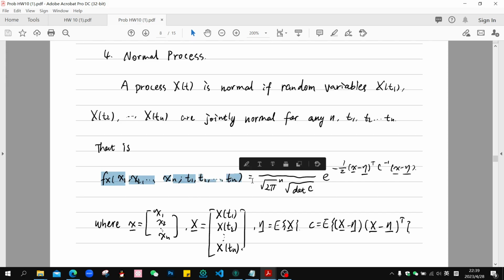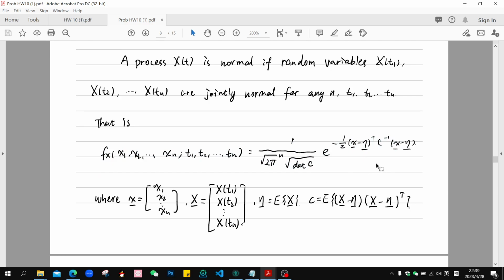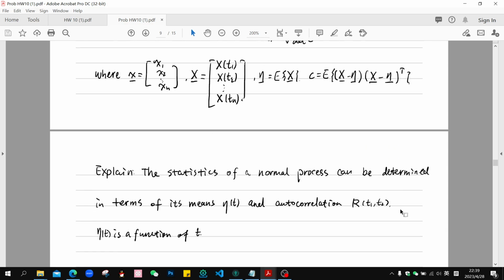Joint density function is like this, where the x underline is a vector of x, the big X underline is the vector of x(t)'s, the eta underline is the expectation of x underline, and C is the expectation of x underline minus eta underline times x underline minus eta underline transpose.